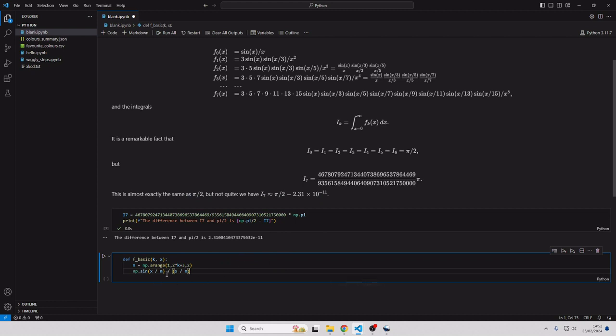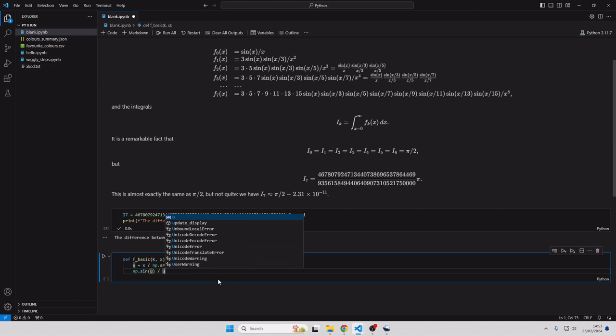So we take x over m, and then we apply np.sin to that, and then divide by it. Or actually, let's reorganize that to be a little bit tidier. So u is x over m, so now u is the list of all these things: x over 3, x over 5, x over 7, etc. And so we're going to take sine u over u.